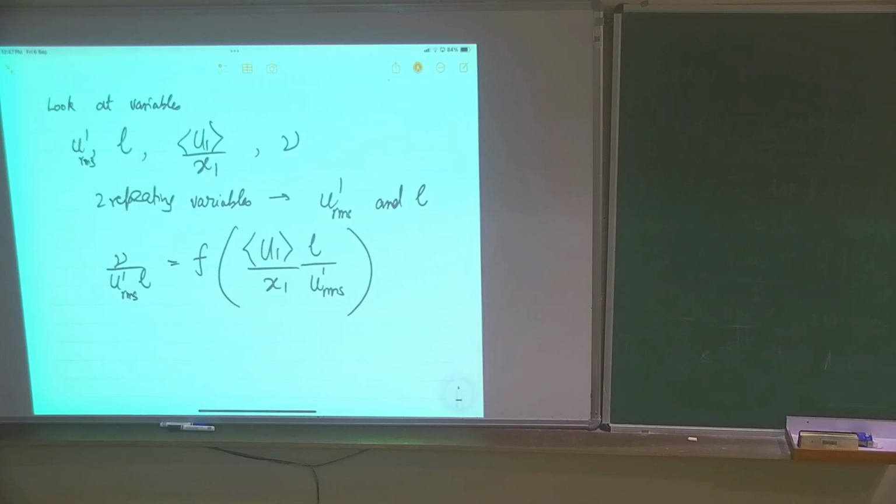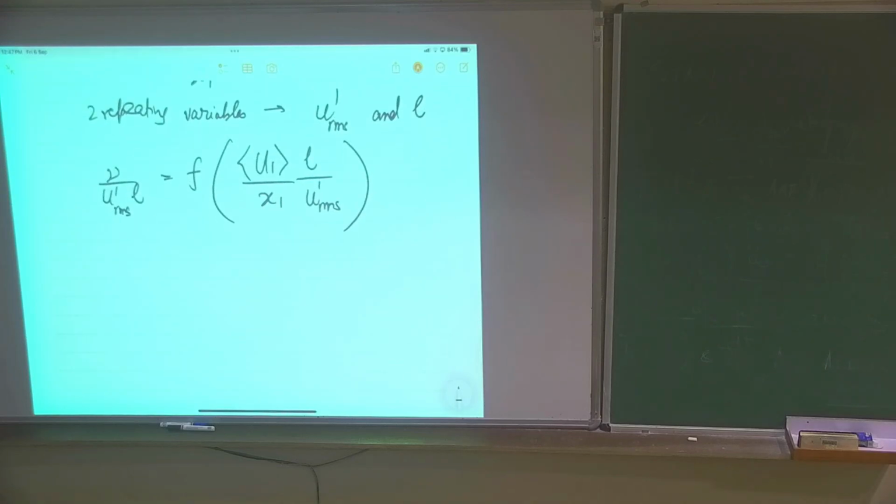So this I can also write it as, so in the other way I write it, or I can write L upon u prime, u1 upon x1, that's the right hand side.